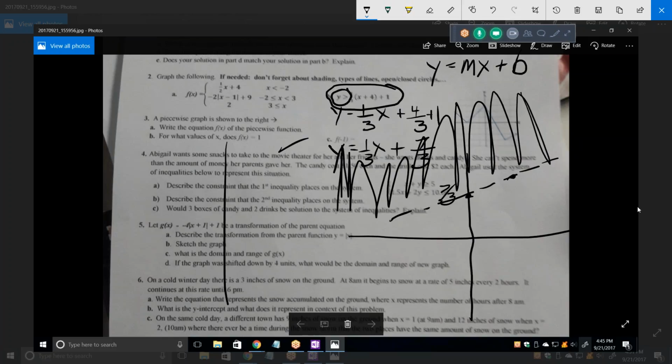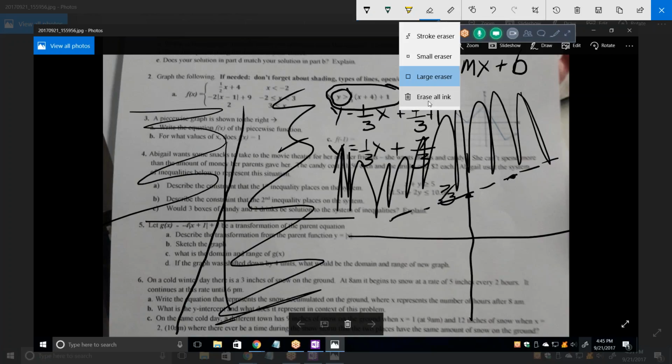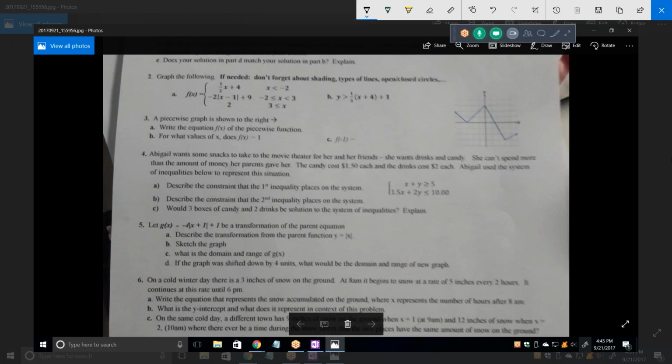Even if I have a situation like this, if I ask you which side of that to shade, you're not going to answer right or left. You're going to answer above or below, and you're going to look at the y-axis. So above the line would be over here. Below the line would be over here.